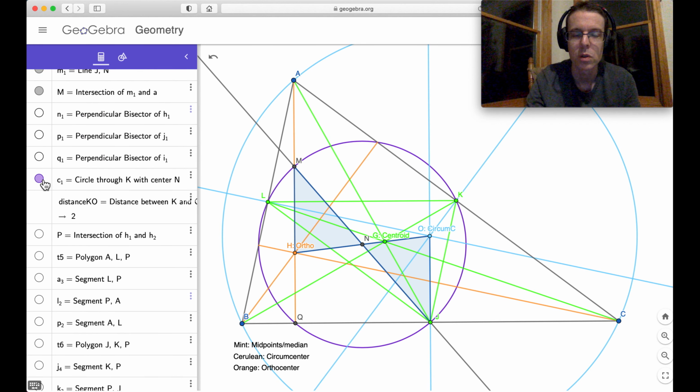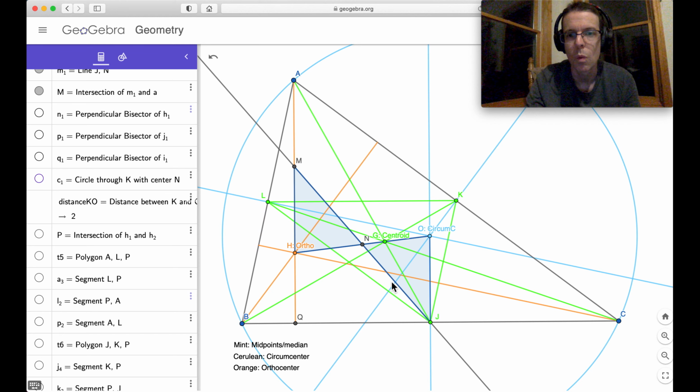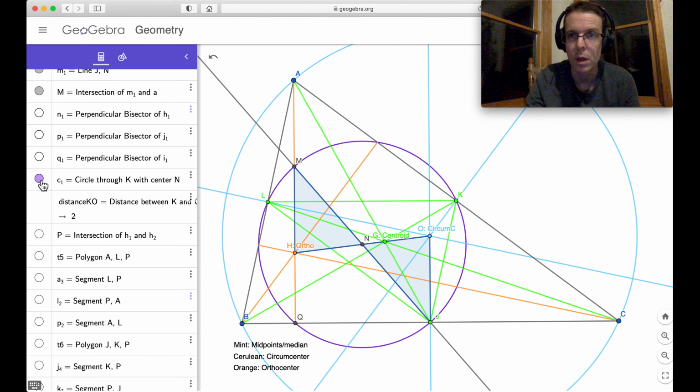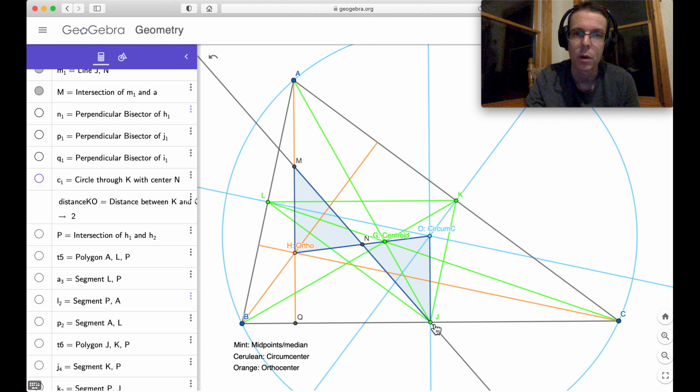So once we know that JNM forms a straight line and JN and NM are equal in length, that proves that M is also on that circle, as it appears to be, of course. But we've just proven that it must be because we have a straight line and we verified that this length matches this length. So MJ, in other words, is exactly one diameter.